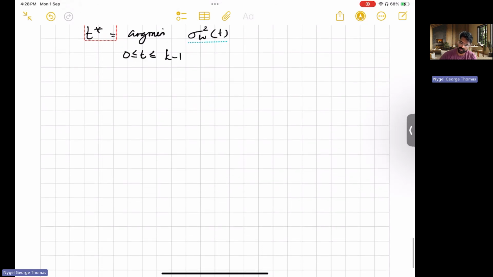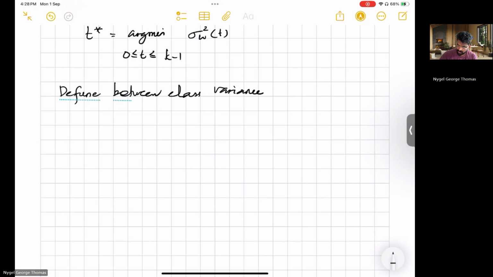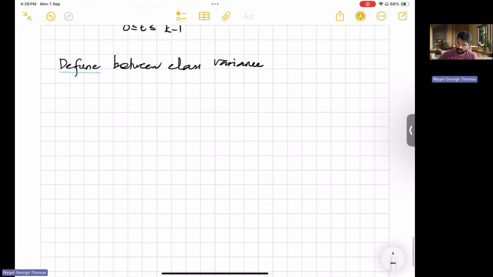So we define something known as between class variance, or inter-class variance. Sigma b squared is equal to omega naught into (mu naught minus mu t) whole squared plus omega 1 into (mu 1 minus mu t) whole squared.